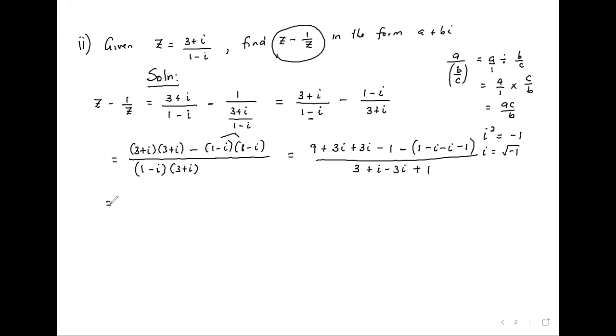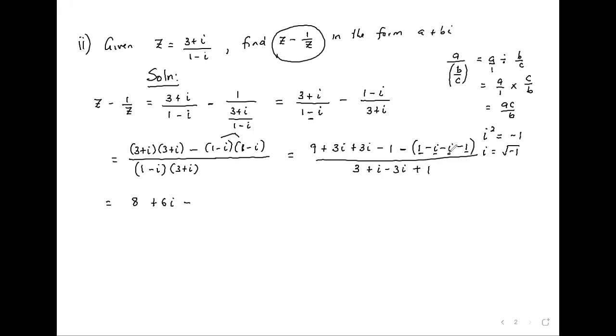And then we're now adding, so 9 minus 1, we get 8. 3I plus 3I, we get 6I. And then minus 1 minus 1, that's 0. And then negative I minus I, that's negative 2I.